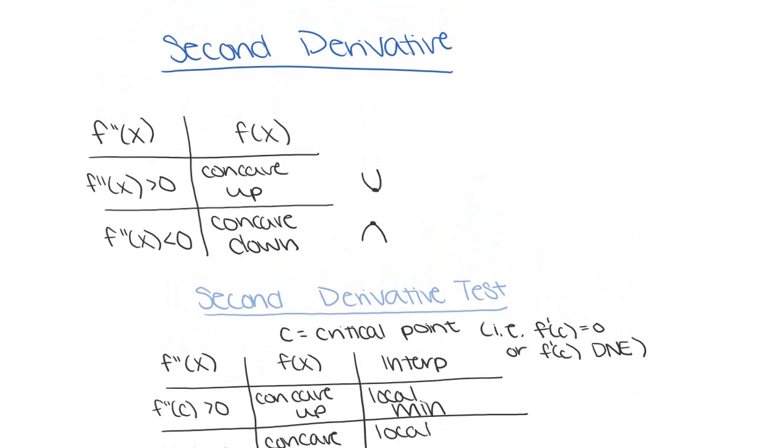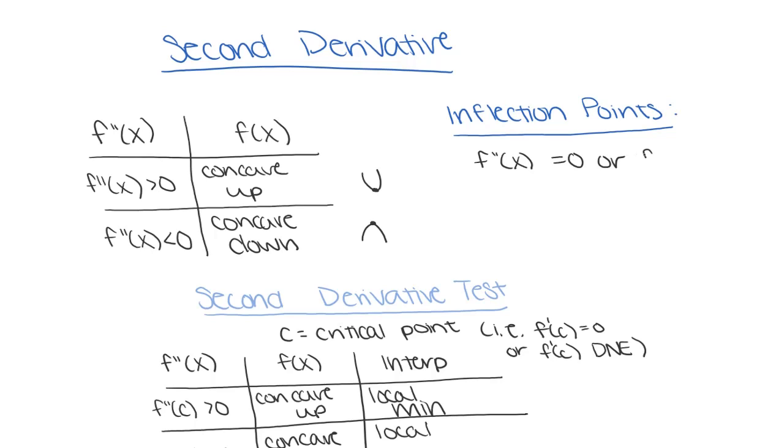One thing that I forgot to mention in regards to the second derivative is inflection points. Inflection points are like critical points in that we find them by looking at the derivative in question. So in this case, the second derivative, either where it's equal to 0 or where it's not defined.